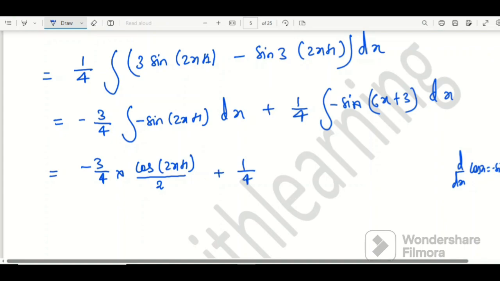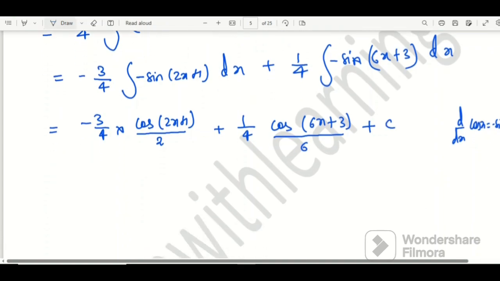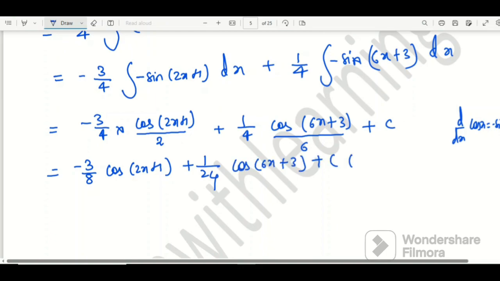So the integration of minus sine x will be cos(6x plus 3), and 6 was in multiplication, so we divide by 6, plus c. So now we'll have minus 3 upon 8 cos(2x plus 1) plus 1 by 24 cos(6x plus 3) plus c, answer.